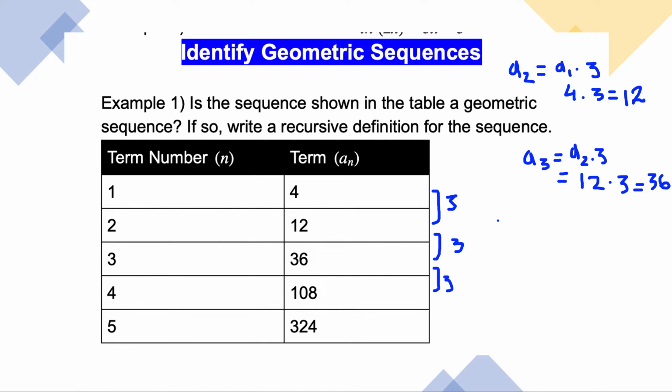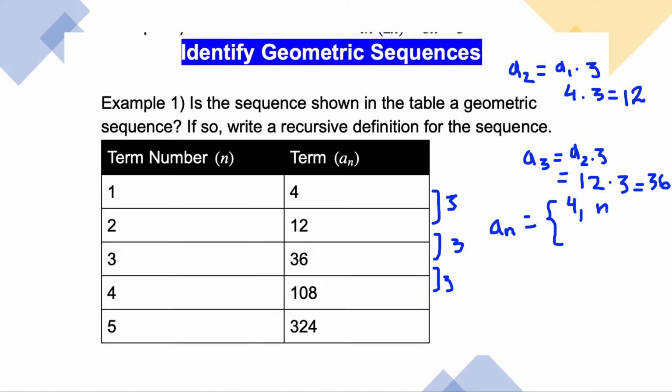If we write more in general, and let's say a sub n is a general term, we can find it this way. First of all, we are looking for the first term. What was the first term? The first term of the sequence was 4. So here was a 4.